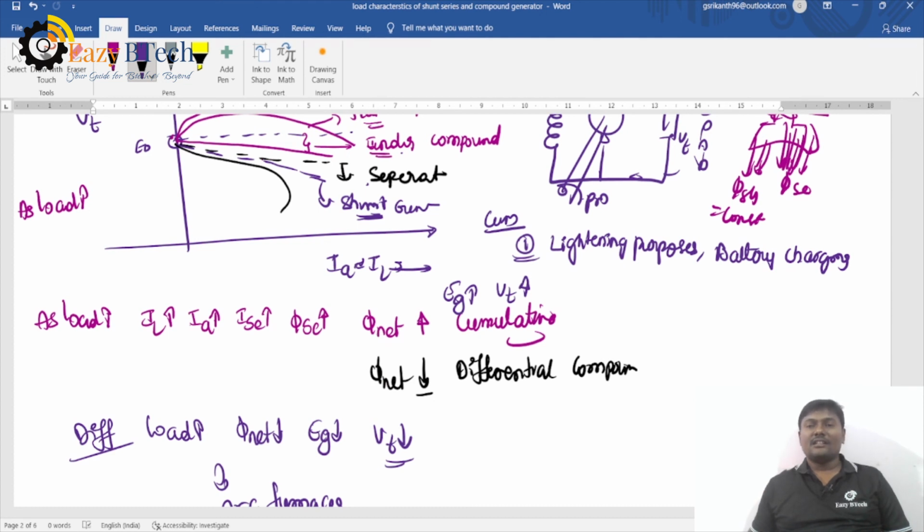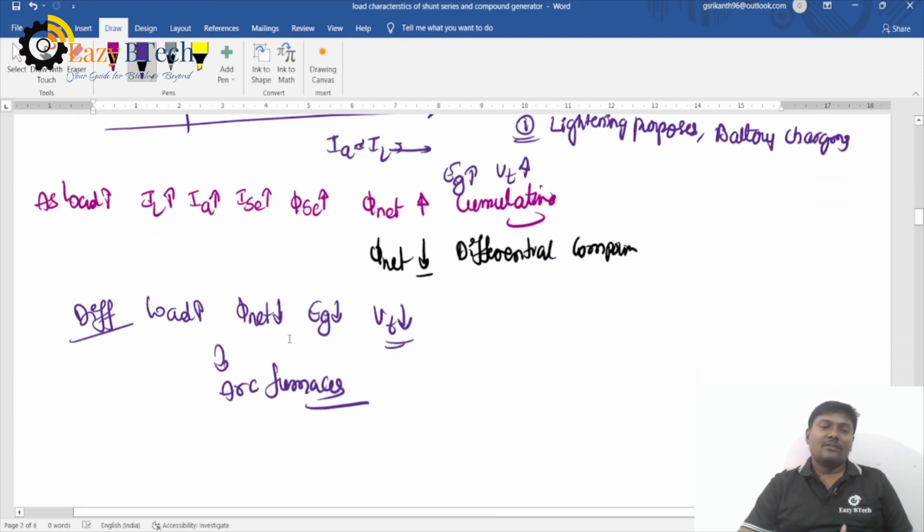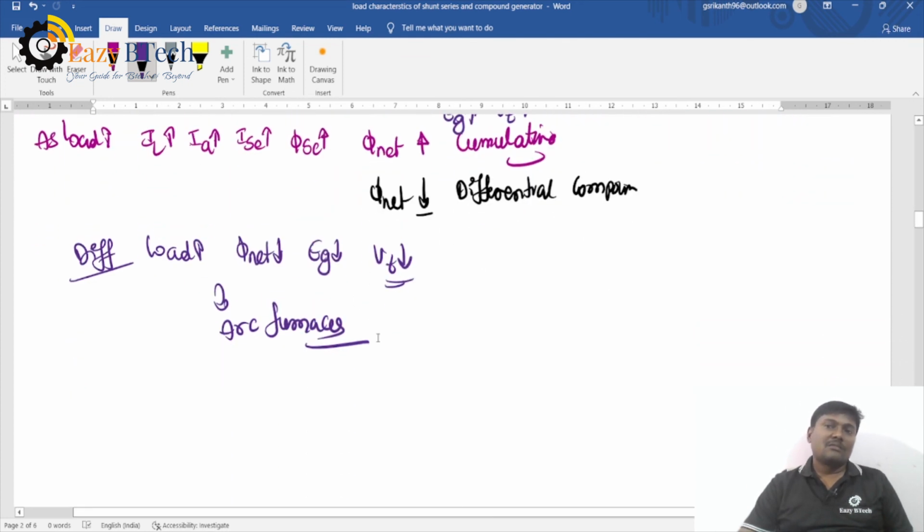The increase in terminal voltage depends on the compounding level. In the differential case, the terminal voltage decreases as load increases, and this type of compound generator is used in arc furnaces. And with this, the characteristics of all the DC generators are over.